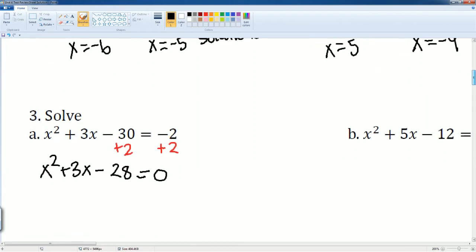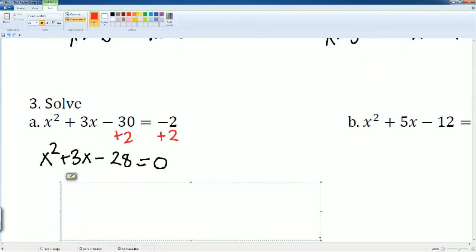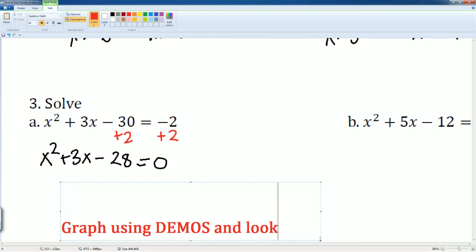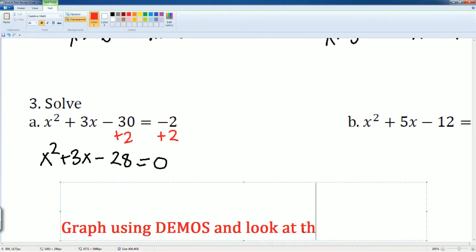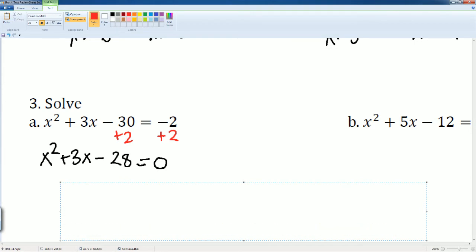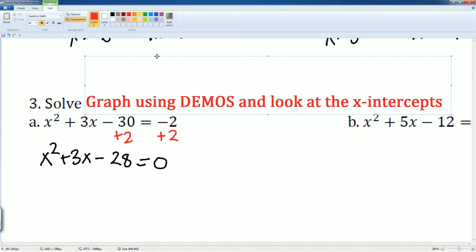What we can do though is we can actually graph it using DESMOS and look at the x-intercepts. Okay, the x-intercepts will give you the solutions.